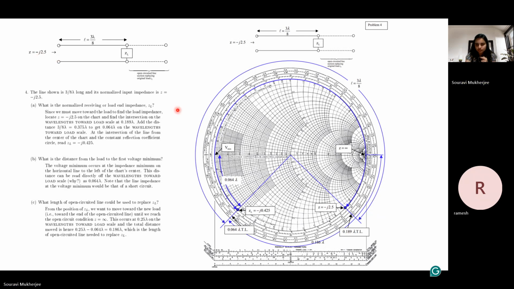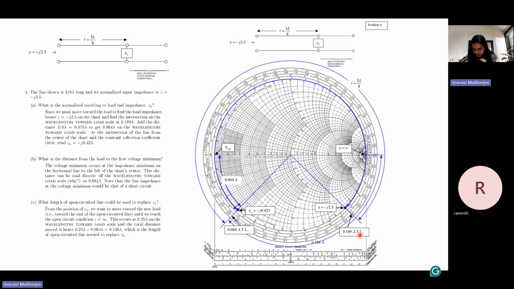So this is the position of the source impedance. Now extend it further. Here you have to look at the wavelength towards load scale, where the value is given as 0.189.